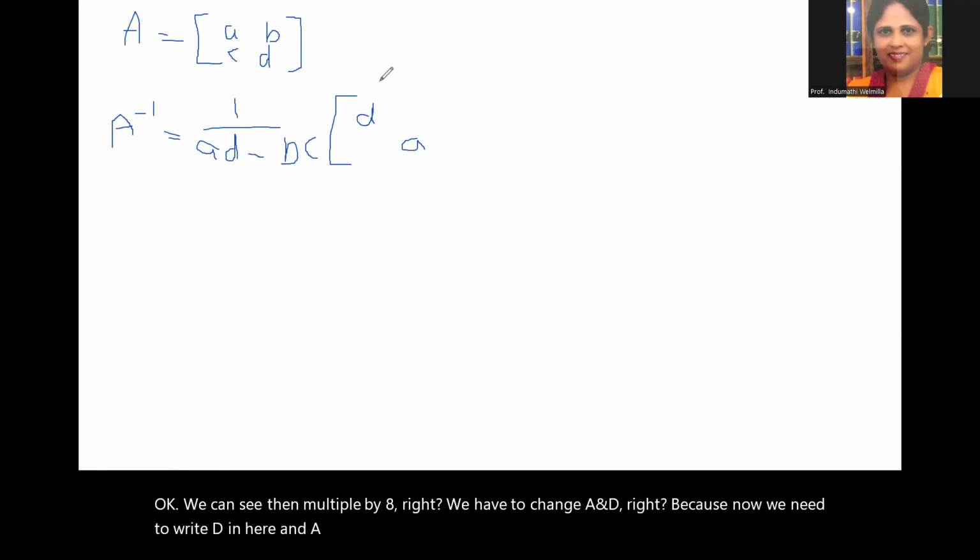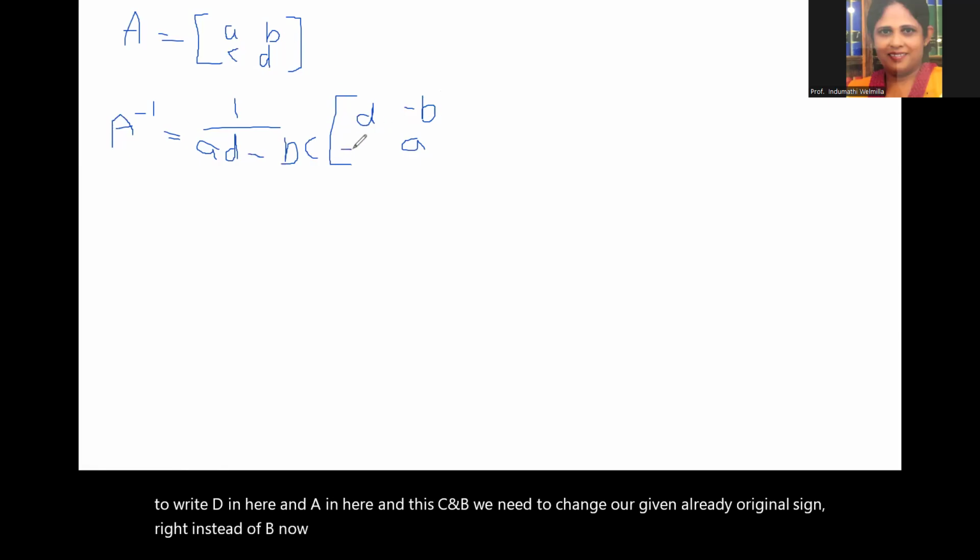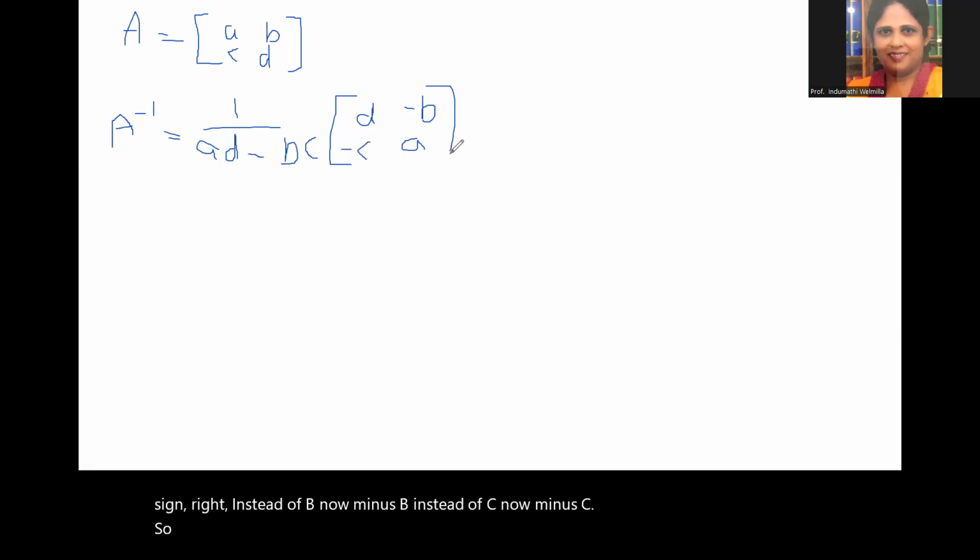And for B and C, we change the original sign: instead of B, now minus B, and instead of C, now minus C. After multiplying these, we get the inverse of this matrix A.